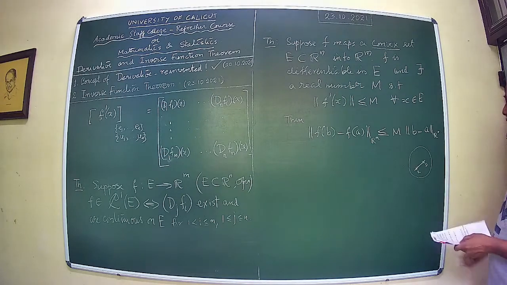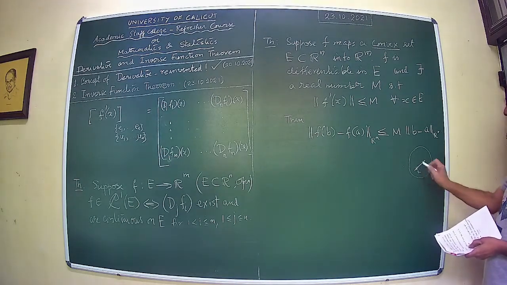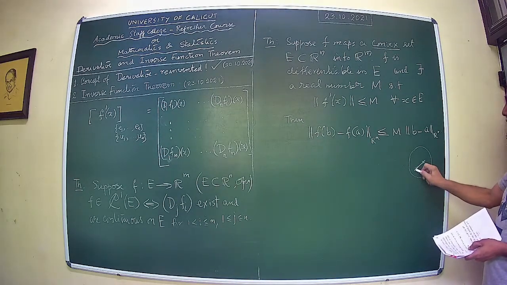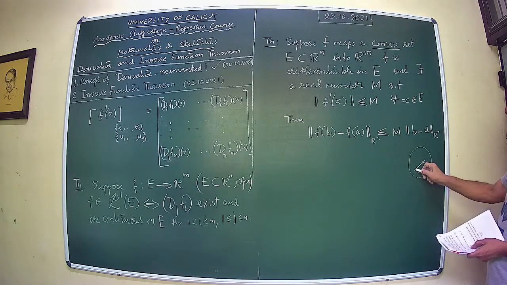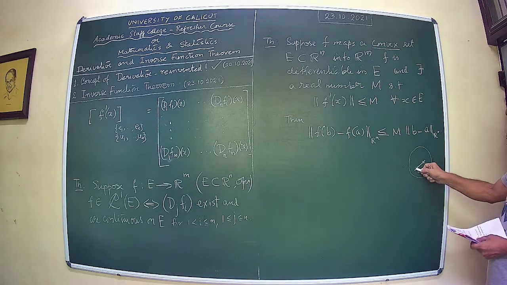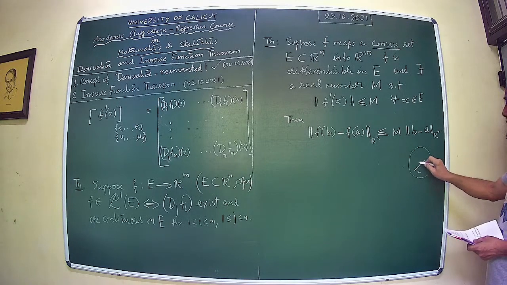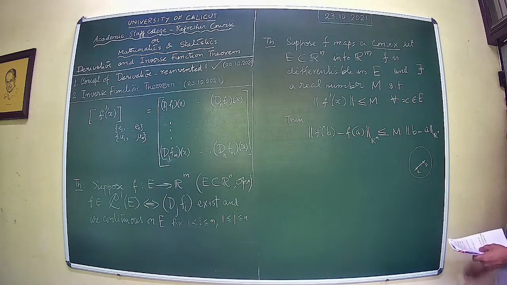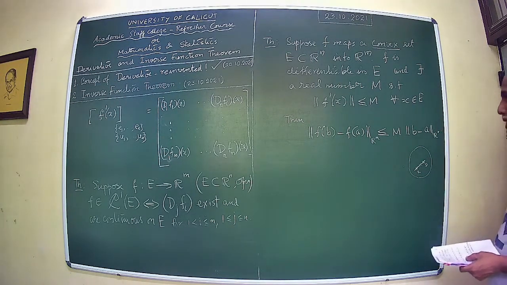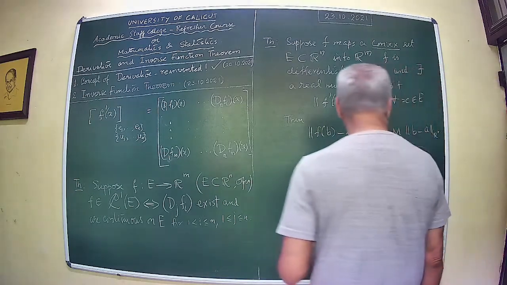In one dimension, what does it say? F(B) minus F(A) is equal to F derivative at some intermediate point times B minus A. That's the mean value theorem that you have.